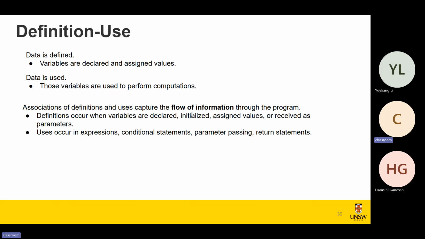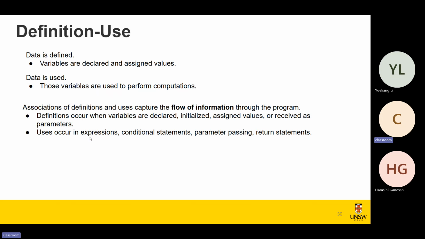Def-use relations could help us capture the flow of information, or the flow of values, through the program. According to this definition, whenever a variable is declared, initialized, assigned with values, or received as parameters for a function, we consider that a new value is defined.